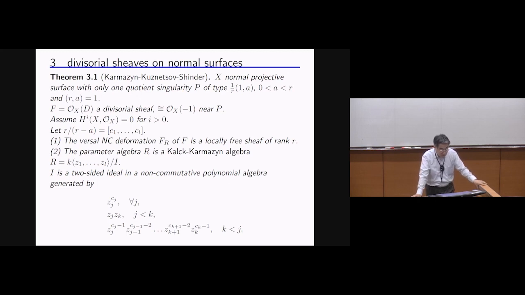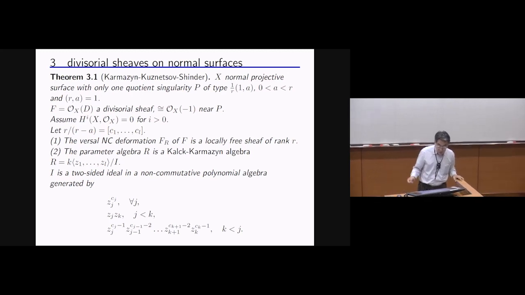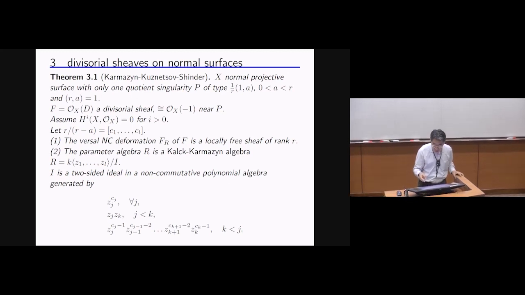So normal surface: let X be a normal projective surface with only one quotient singularity of type 1 over R (1, a), where the order of the stabilizer is R. This is a cyclic quotient singularity, and the action of the cyclic group is determined by the exponent.